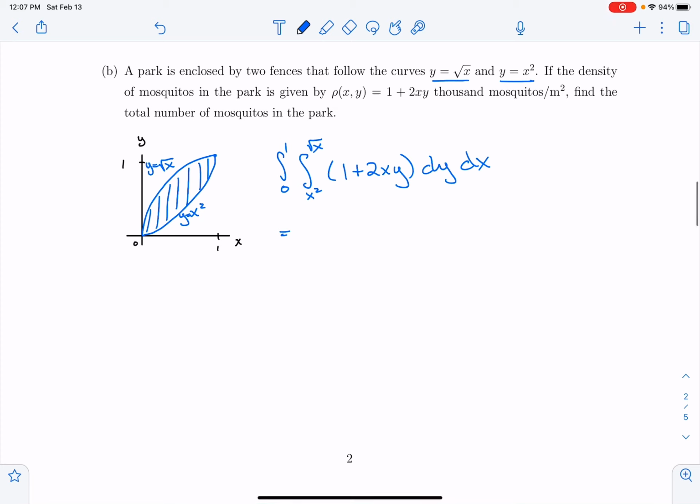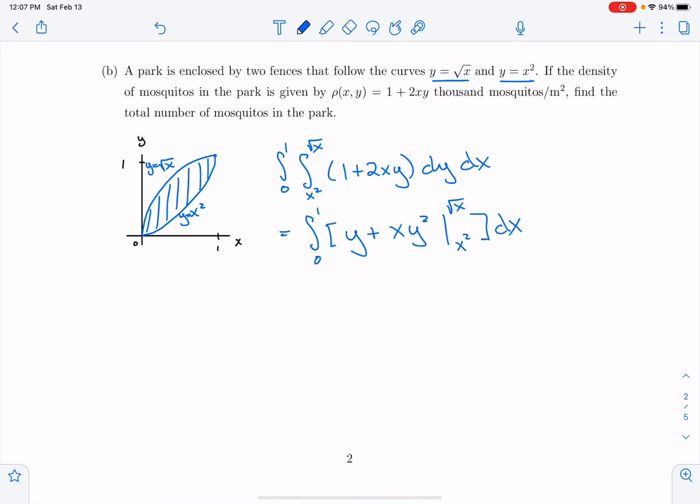And now I want to do that integral. So I will get the antiderivative of 1 dy is going to be y. And then the antiderivative of 2xy dy is going to be xy squared. I'm going to evaluate that between x squared and square root of x.